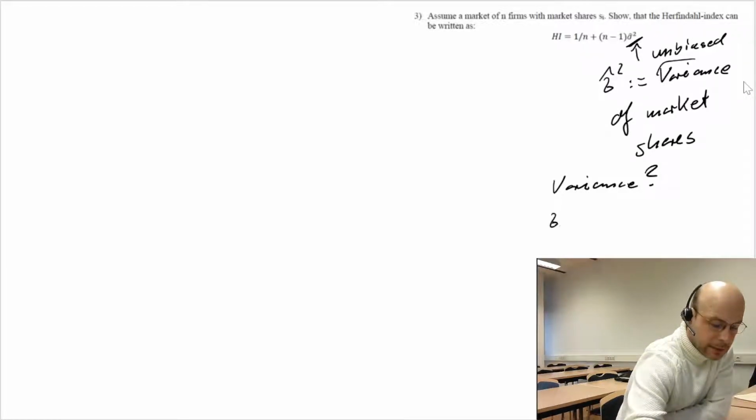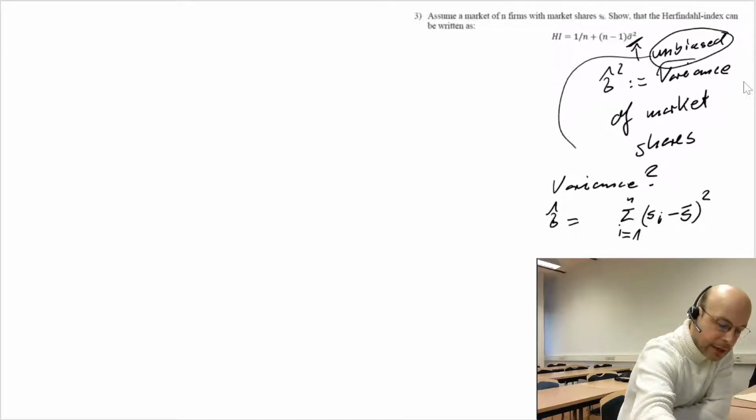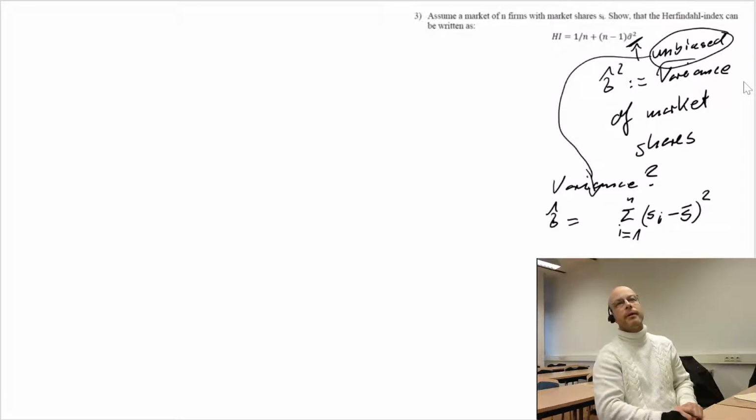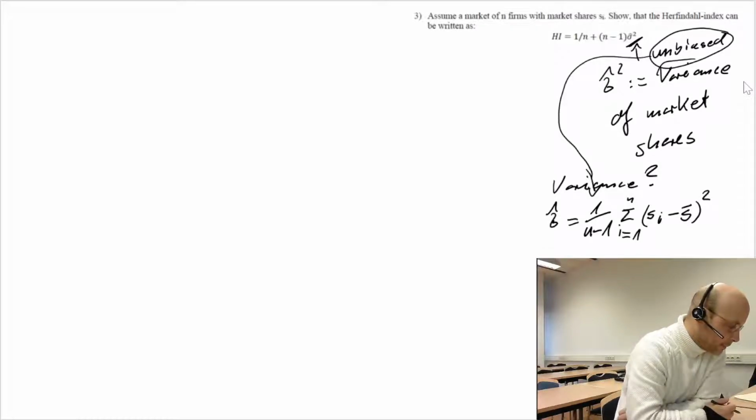So sigma hat squared is then the sum over i equals 1 to n of Si minus S bar squared, and now we have unbiased, and unbiased means that we do not divide the sum by the number n of our sample, but by n minus 1.